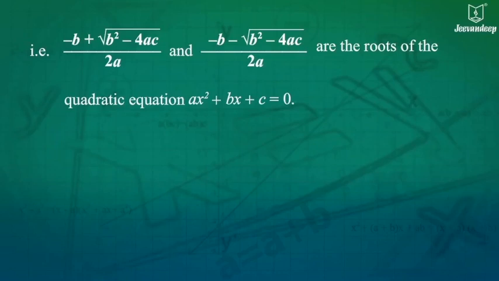That is, (-b + √(b² - 4ac))/2a and (-b - √(b² - 4ac))/2a are the roots of the quadratic equation ax² + bx + c = 0.